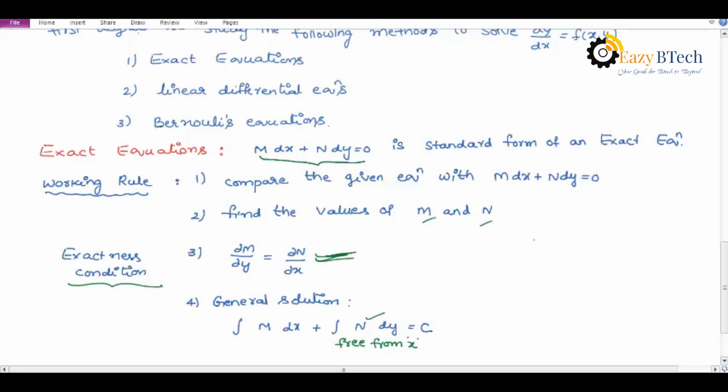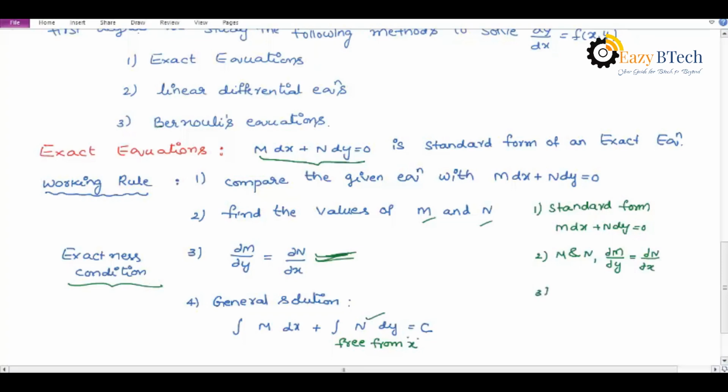To summarize, the first step is verifying the standard form of an exact equation, M dx plus N dy is equal to 0. The second step is finding the values of M and N and verifying the exactness condition, dou M by dou y is equal to dou N by dou x.